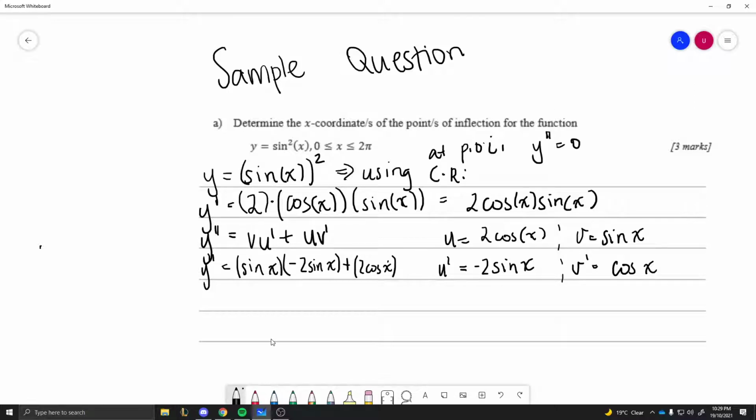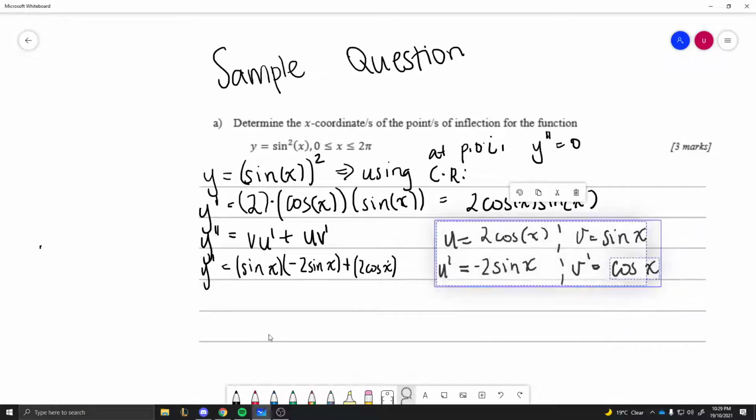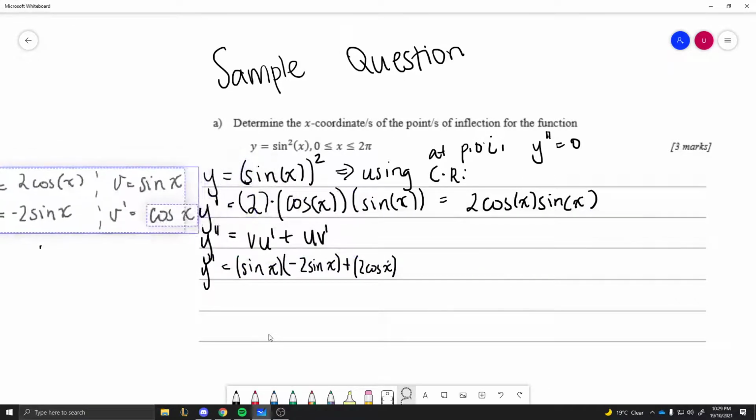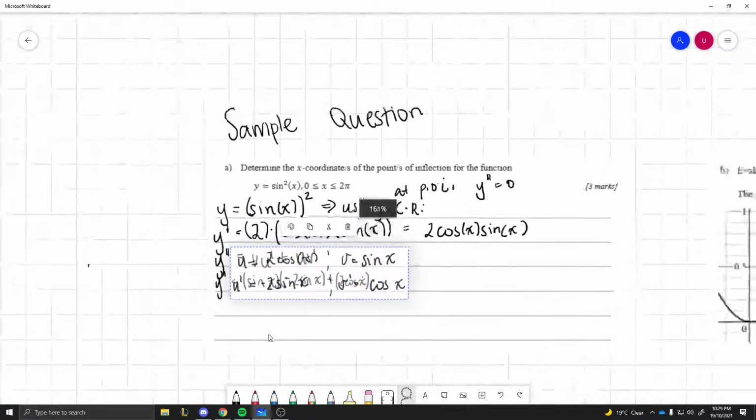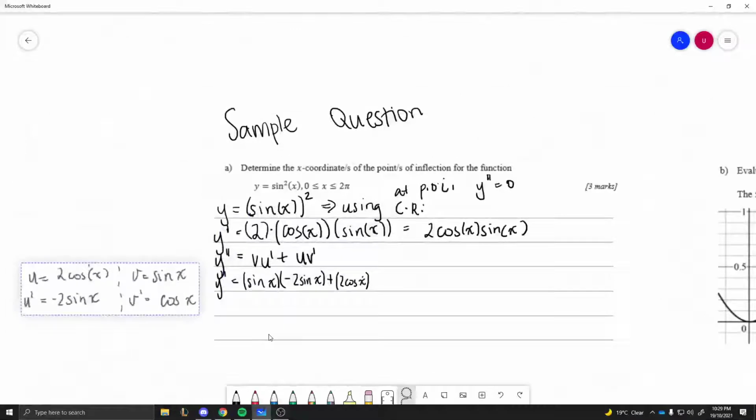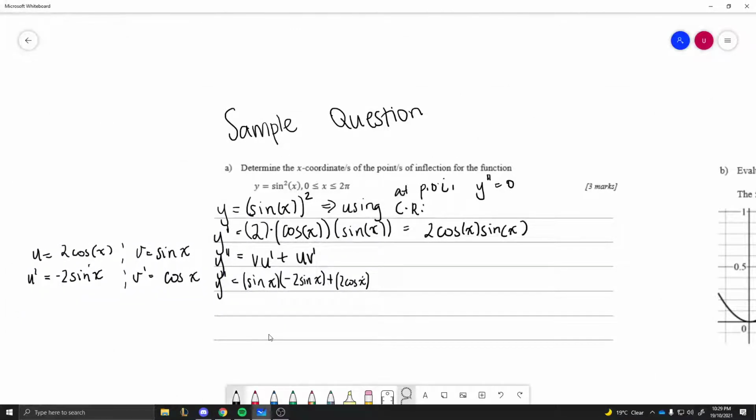I'm going to shift all this over a bit so I can fit it all, and zoom out a little so it can be seen. Now if we simplify this, I'll do it in the line beneath.